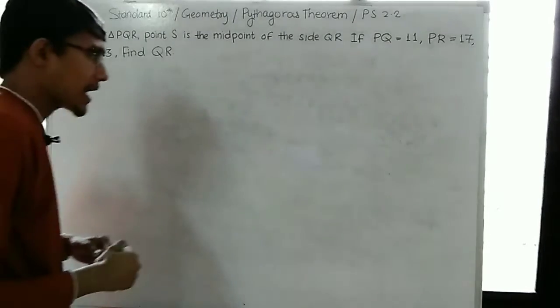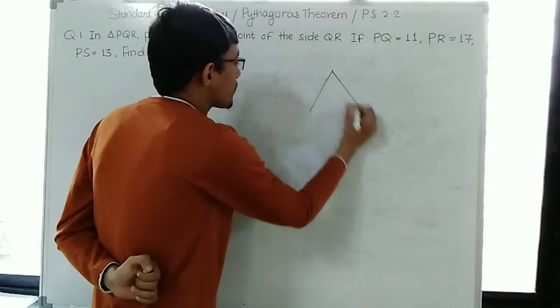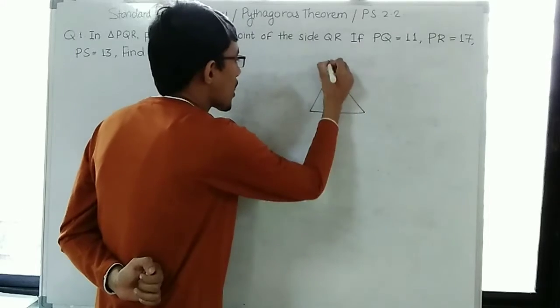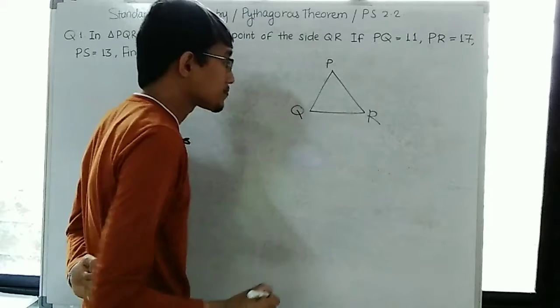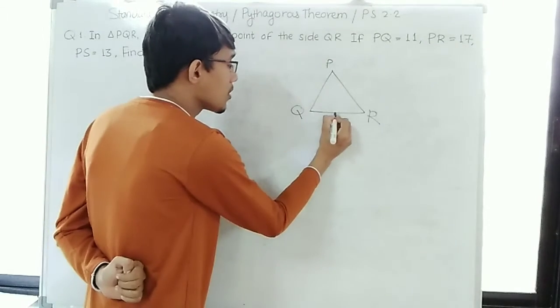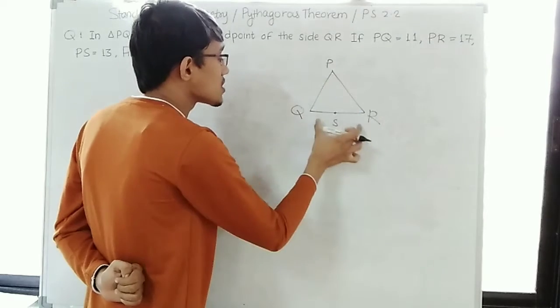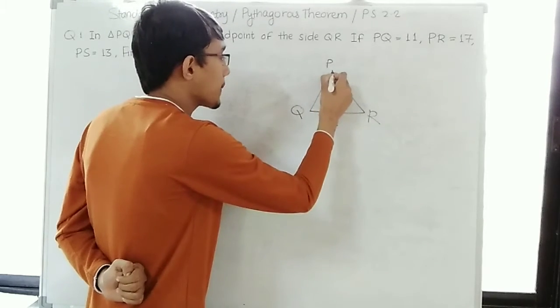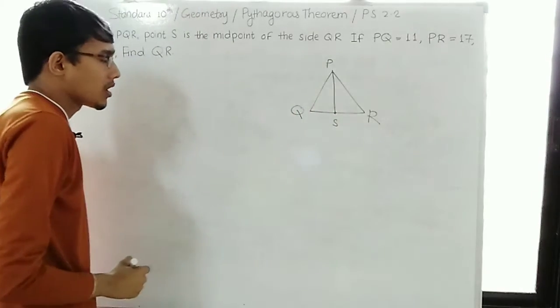So there is a triangle PQR. Let me draw that triangle. Triangle PQR. Now, in this triangle, point S is the midpoint of side QR, and PS is my median.